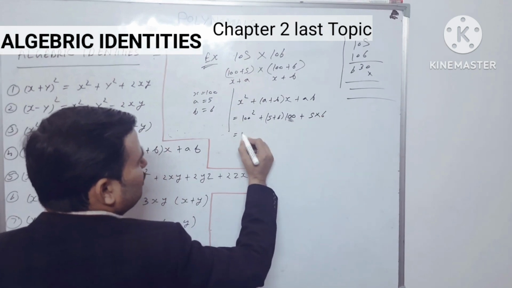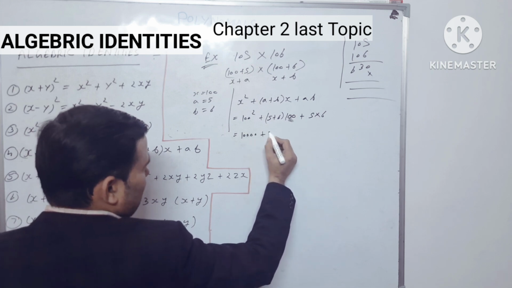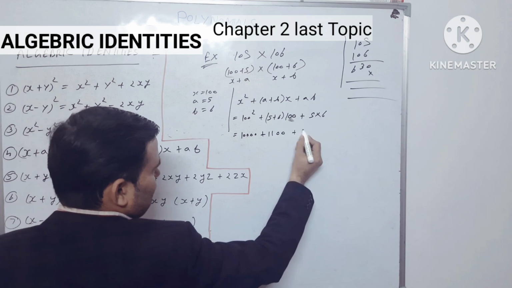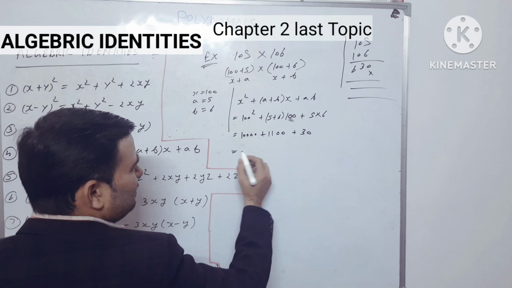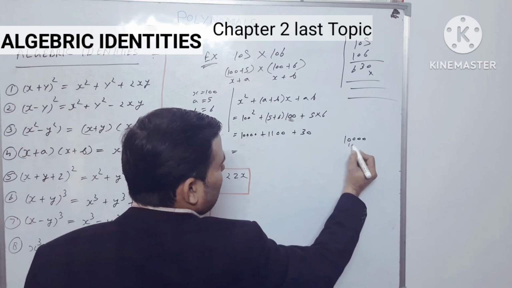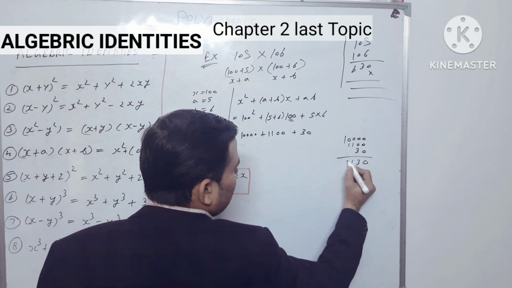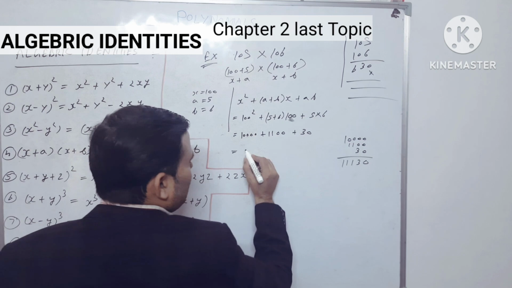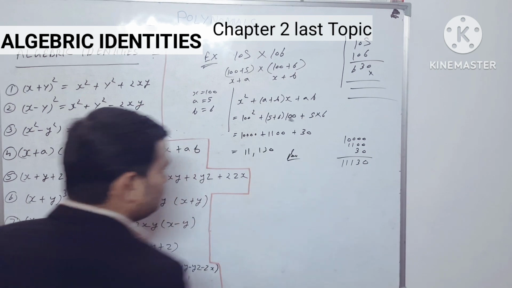We get 100 square equal to 10000, and then 1100 plus 30. Now when we add this, we will get 11130, and that will be the answer.